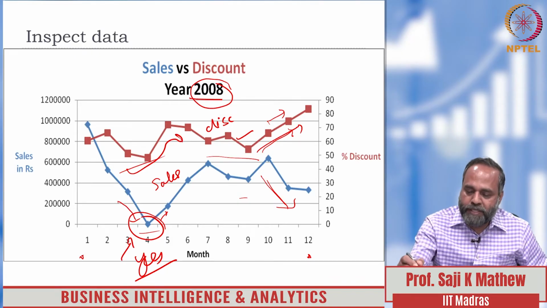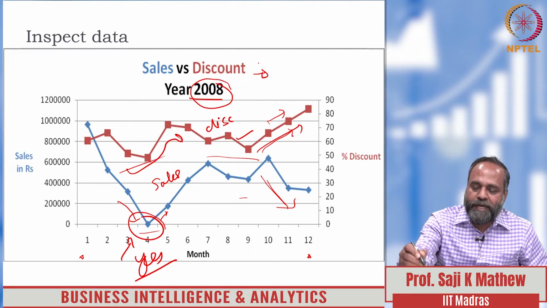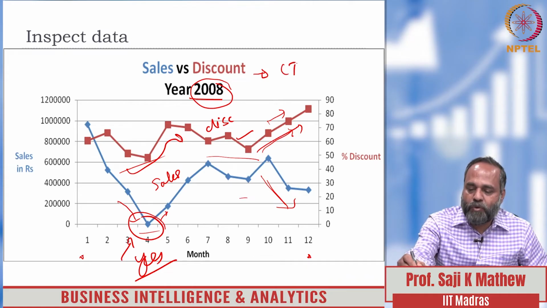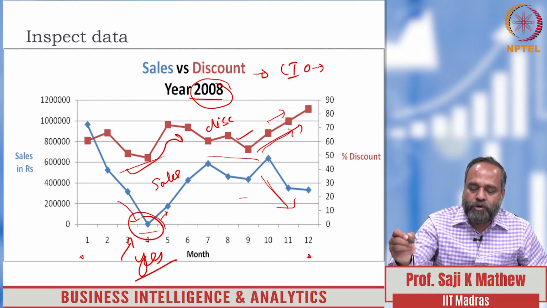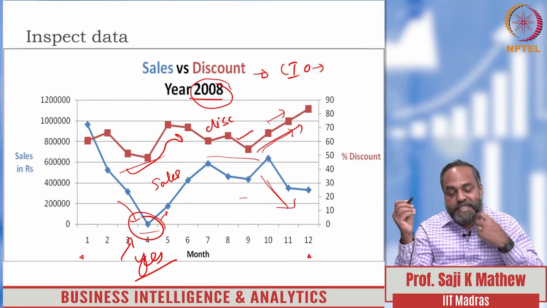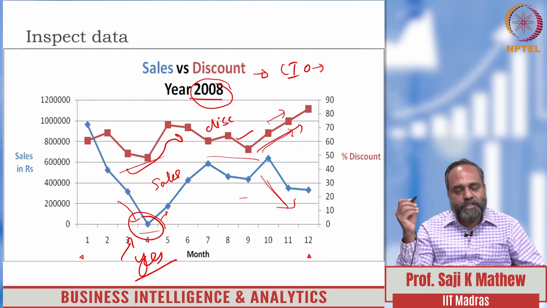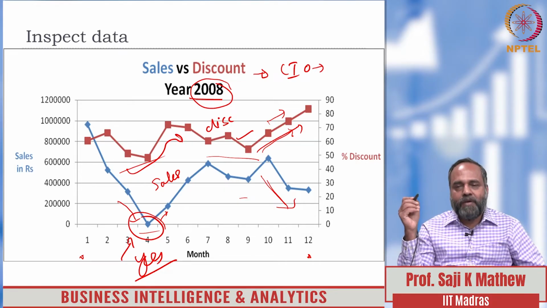So, since this was a pilot project we did, we contacted the CIO and showed the CIO, you don't have any sales in the month of March, is that true? He said it is not true. Then he looked at the database and said, well, we had a problem with data collection during that period.